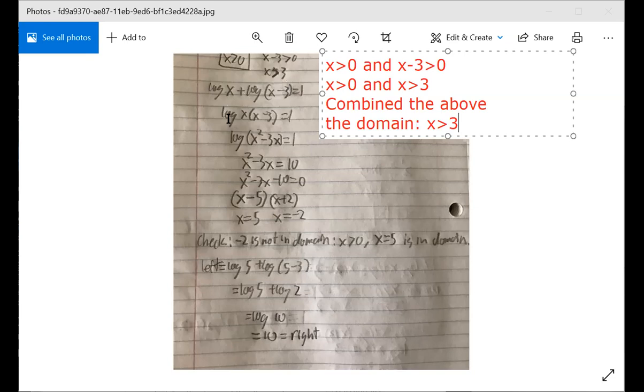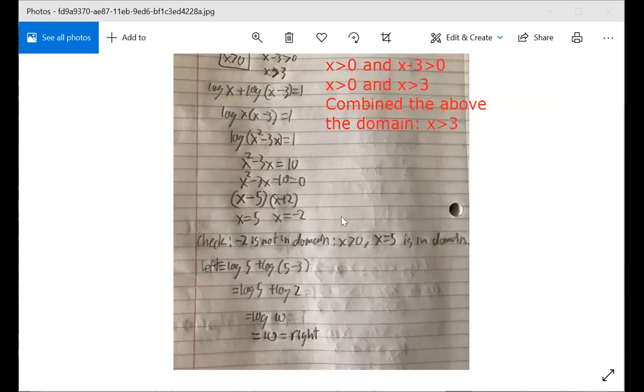Think of function. What do I mean by think of function? What you have here is a domain, so you have an input. The input is taken by what?